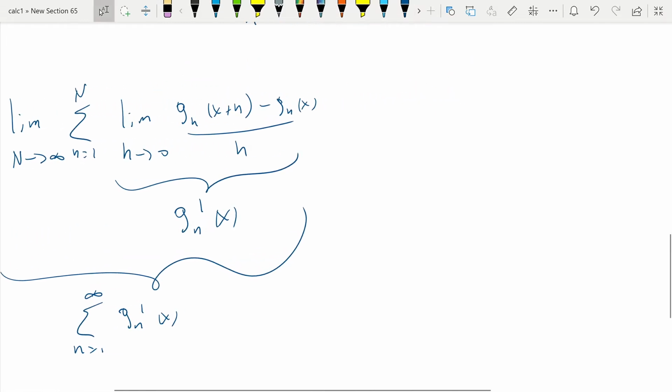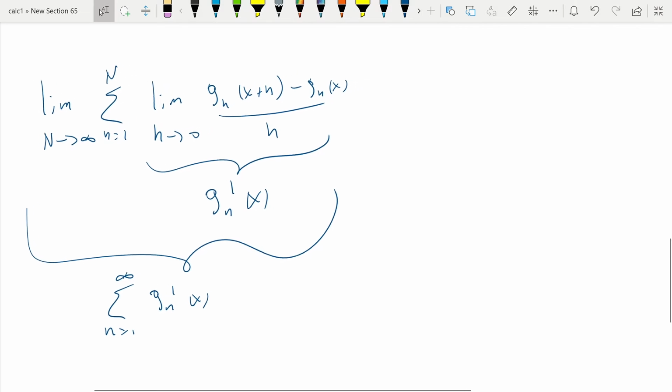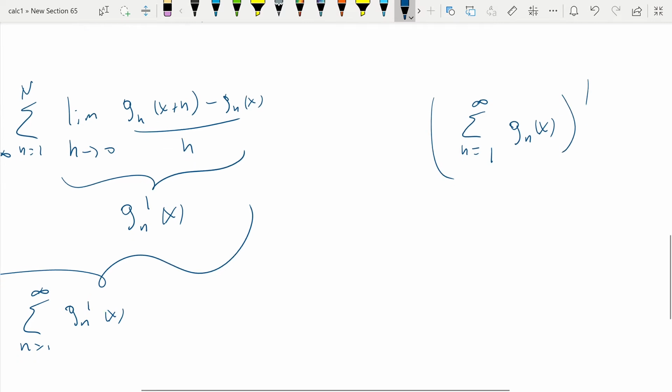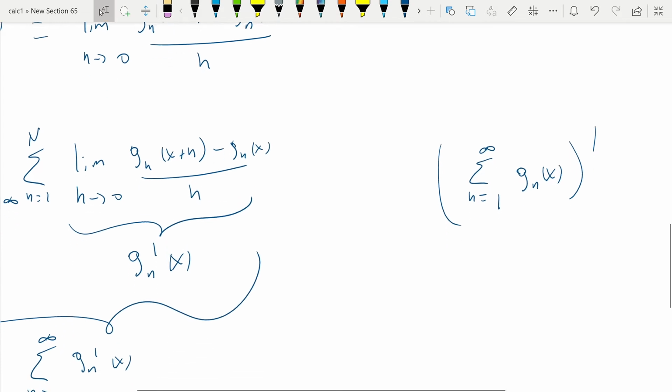But what do we want? We want to compare this with the infinite sum of the g_n's of x, all of that prime. This is h of x.